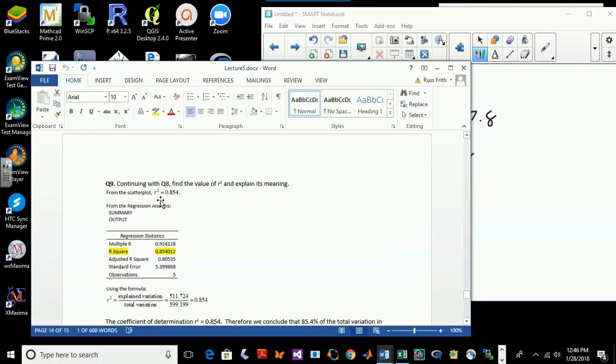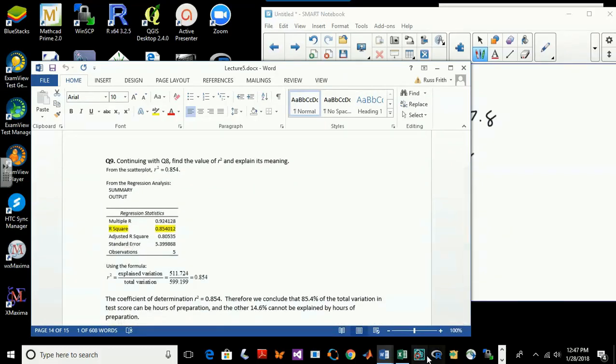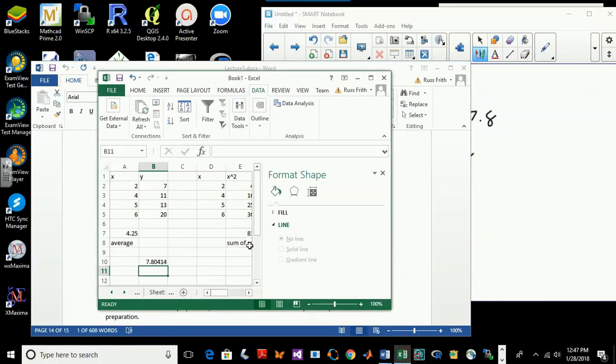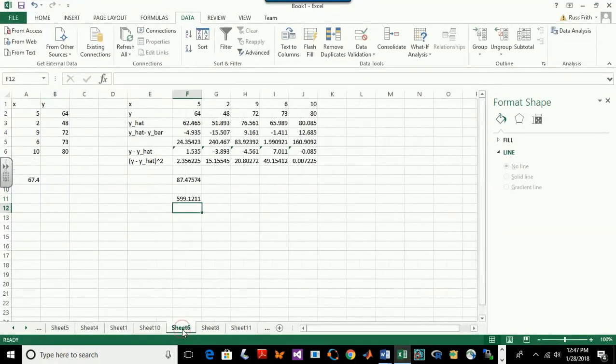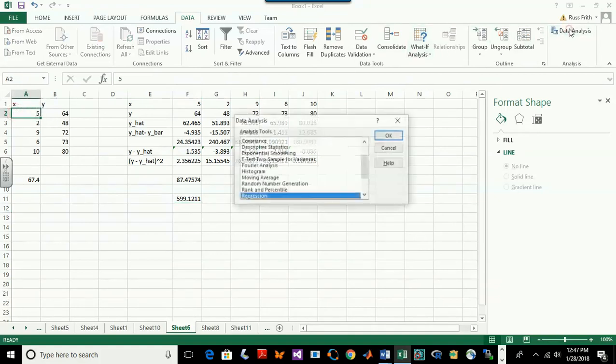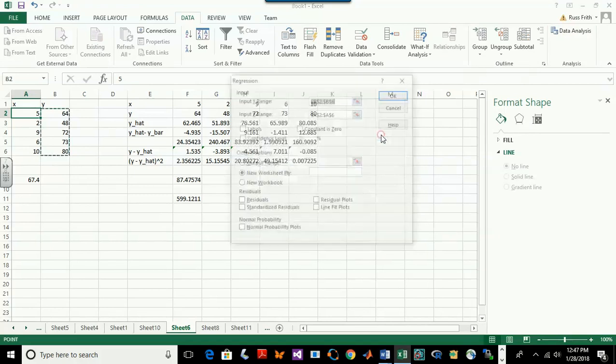So, all right, so when we go back to our test score example, let's see here, if I still have it. So here's our test score problem. All right, so if we were to do a regression, so let's do a data analysis regression.